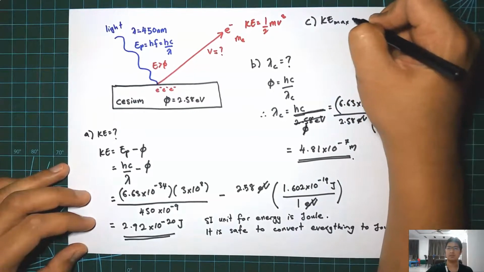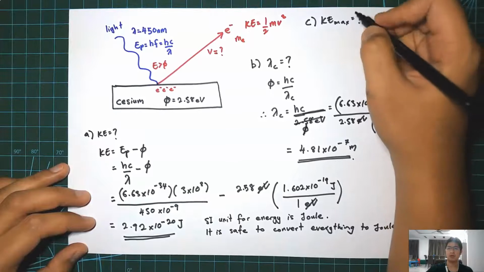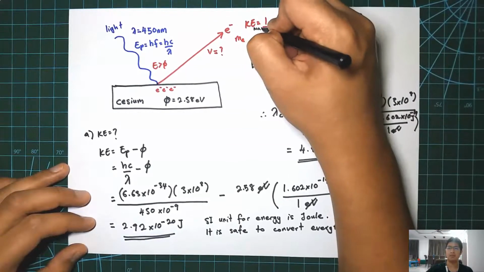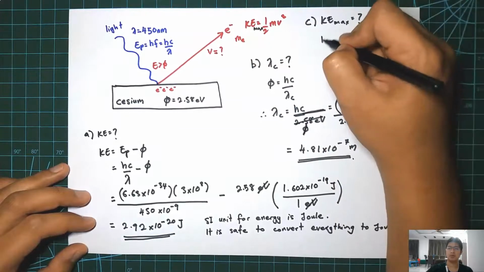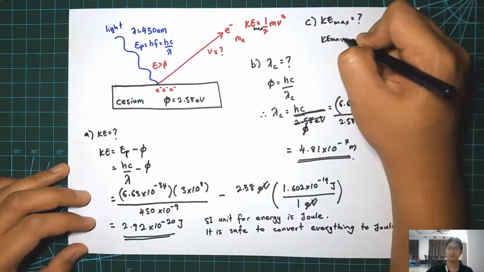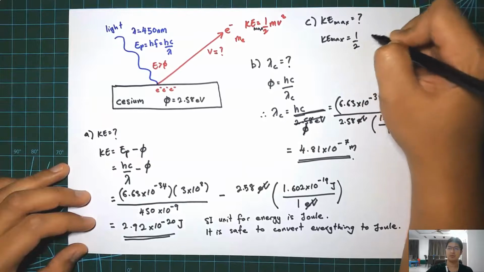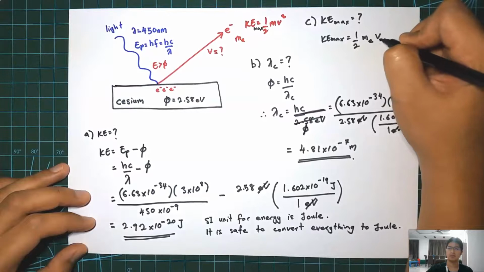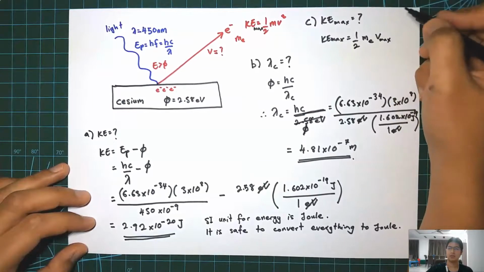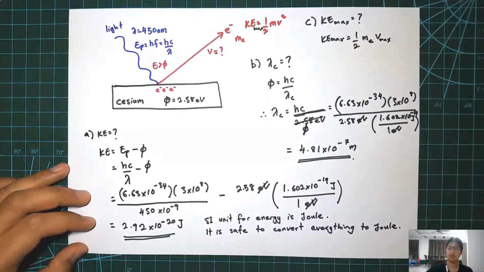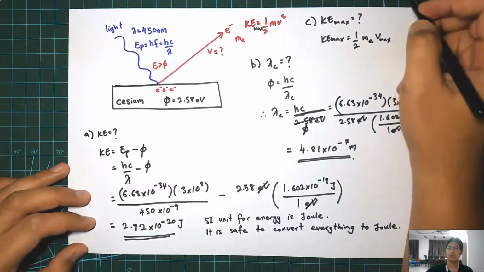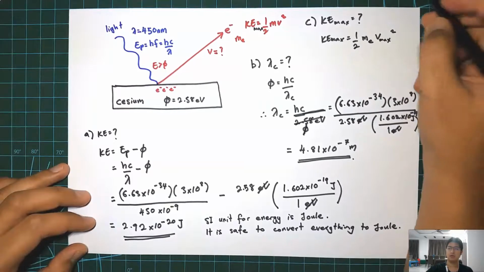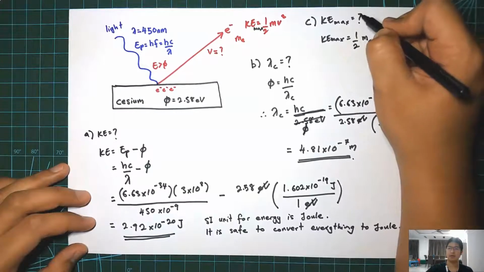For C, you need to calculate the velocity. That's the maximum kinetic energy. Kinetic energy maximum equals half m_e v max squared, where m_e is the mass of the electron and v max is the speed of the ejected electron.